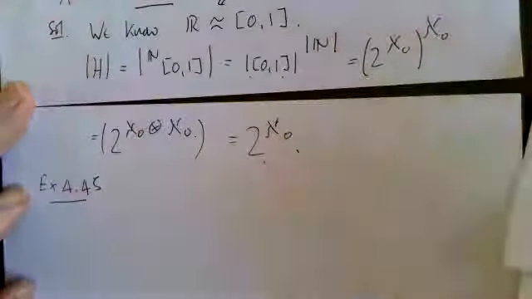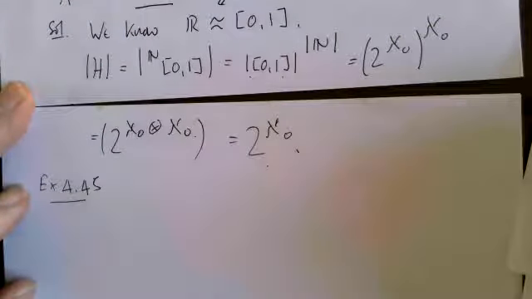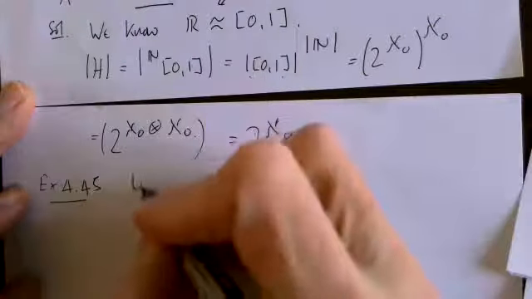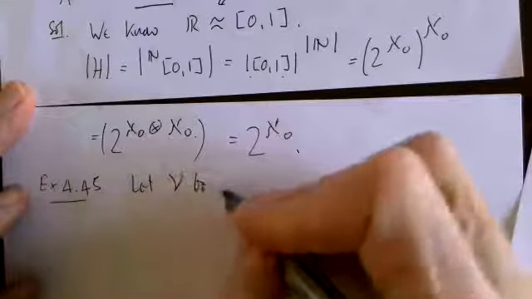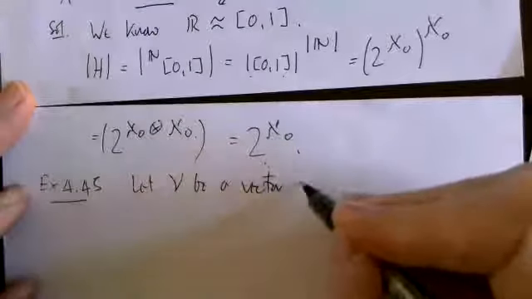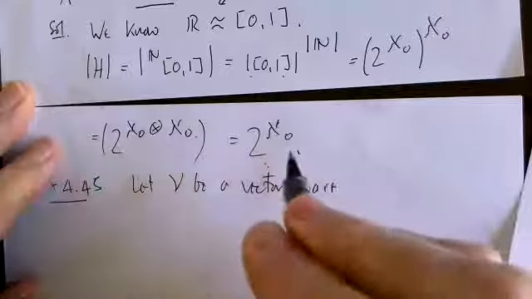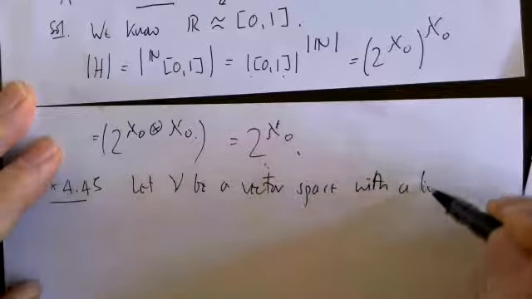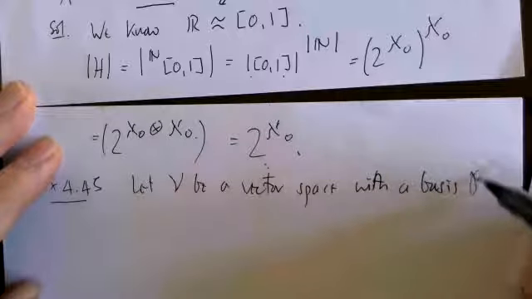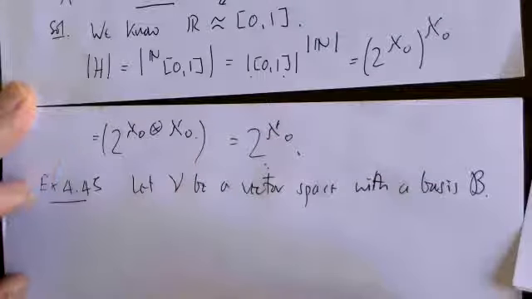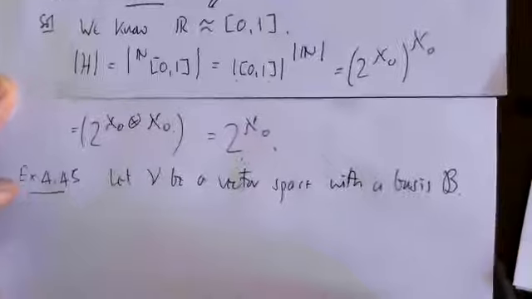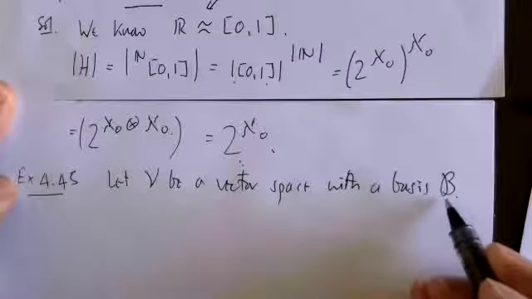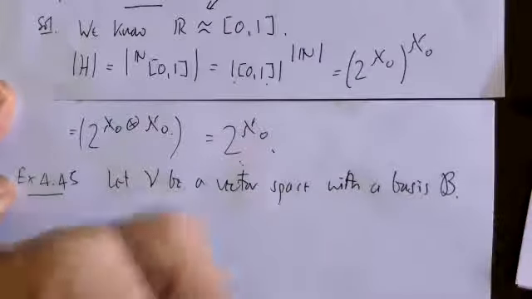So 445 here. Let V be a vector space with a basis B. Now, to make it interesting, we'll assume that it's infinite dimensional.